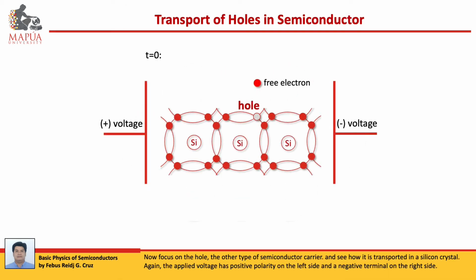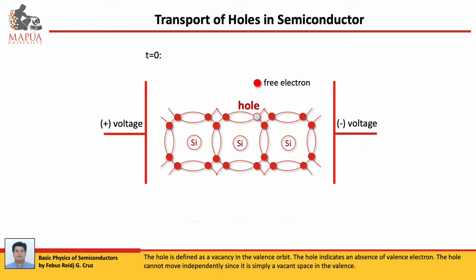Now focus on the hole, the other type of semiconductor carrier, and see how it is transported in a silicon crystal. Again, the applied voltage has positive polarity on the left side and a negative terminal on the right side. The hole is defined as a vacancy in the valence orbit. The hole indicates an absence of valence electron.